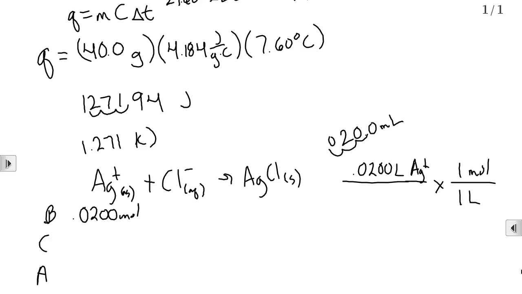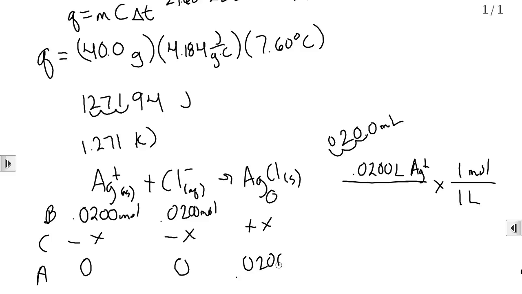And these numbers for the chloride were the same, weren't they? Same numbers, so same moles. Minus x, 0, 0. 0 plus x, 0.0200 moles. So that's how many moles I made.